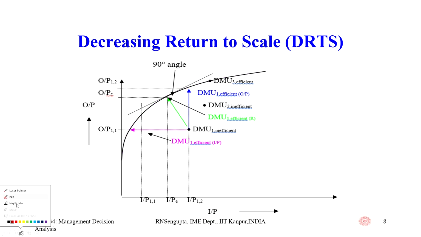Now, notice here there are DMUs on this side of the curve. For all the DMUs to be maximum efficient, they should lie on the curve of the production possibility frontier, because it is decreasing return to scale. So, if a DMU with suffix 1 is considered inefficient, because it is not on the efficient frontier line, it can reach the efficient frontier line in many ways.